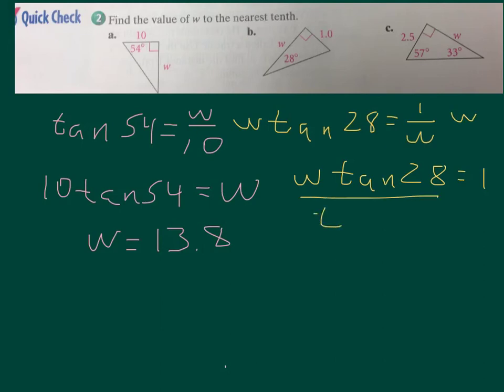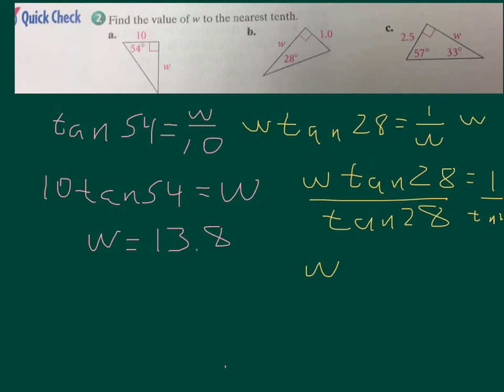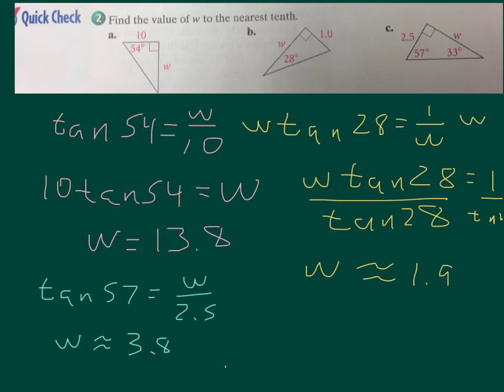Then you're going to divide both sides by the tangent of 28 degrees, and you get W approximately equal to 1.9.